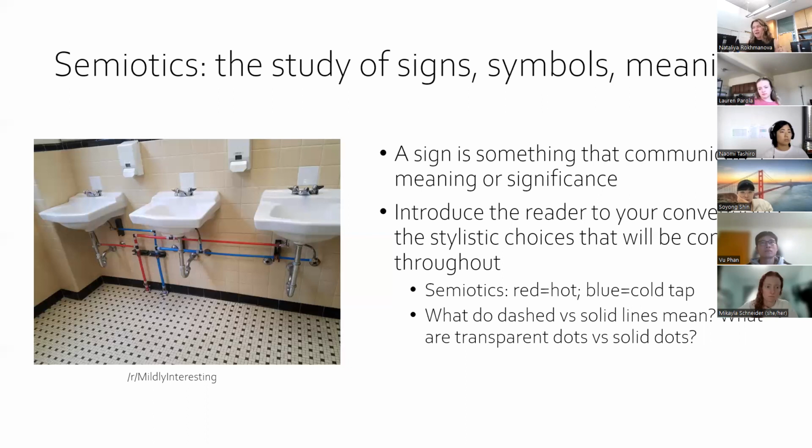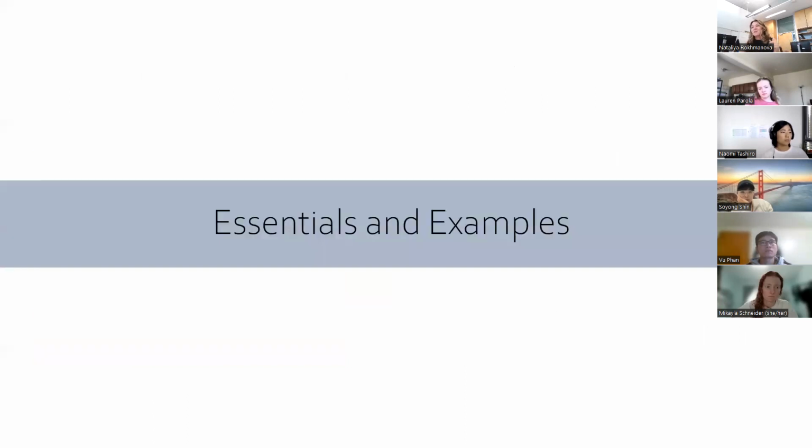So now that we've got semiotics out of the way, we'll get into some figure essentials and some examples of some guidelines. A lot of these are going to be really obvious, I hope. There will be things that you will say, yeah, well done, Natalia. Obviously, I should make sure that my figure is readable.